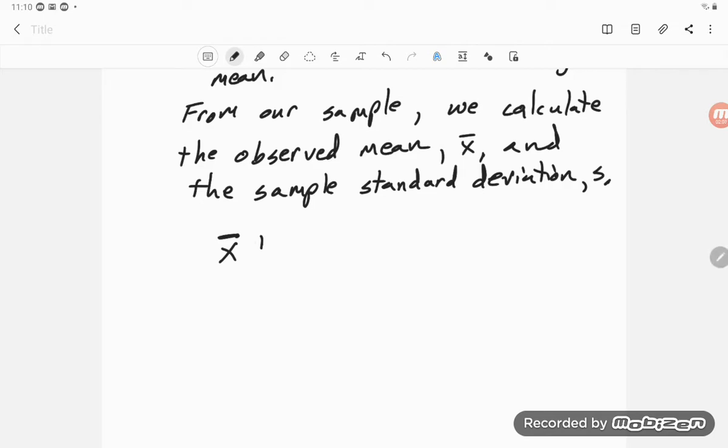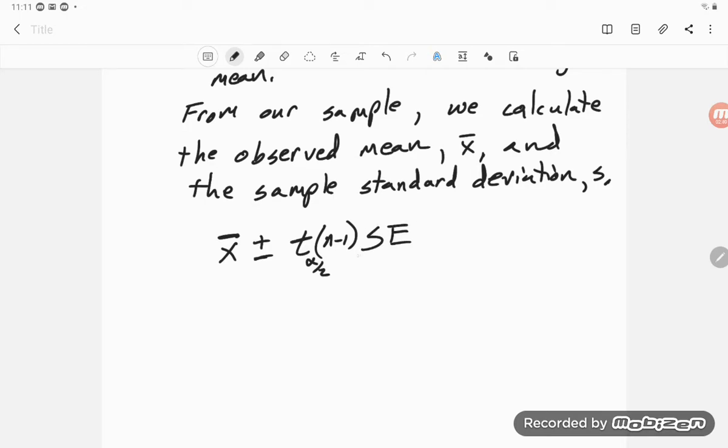And then we'll build our interval by taking plus or minus a t, typically t of n minus 1 and alpha over 2, times the standard error.